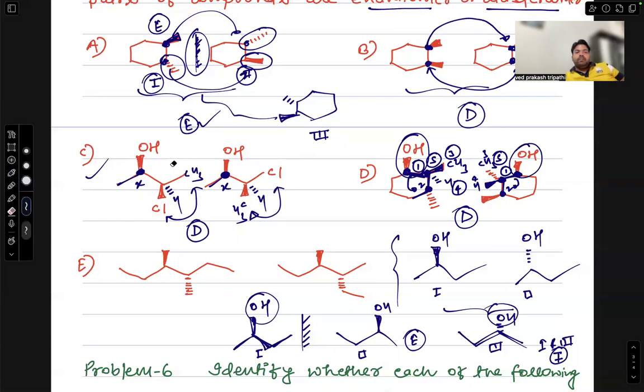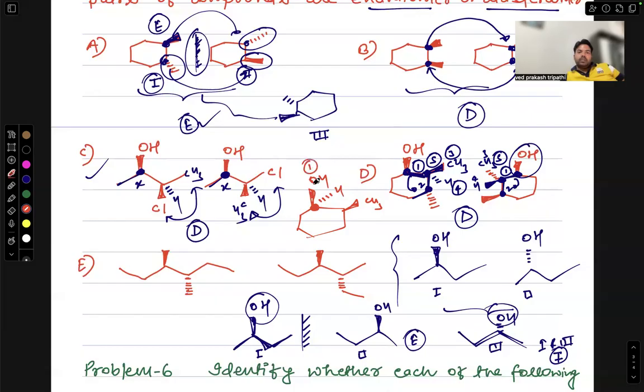Okay, now we will figure out this OH as well. This chiral center, the R and S, this one. This wedge OH and wedge methyl. I am going to find out this one.